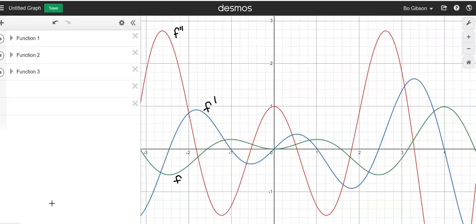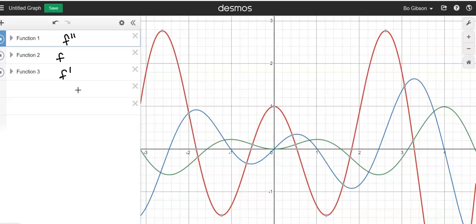Okay, and so let's see here. Green was function 2, red was function 1, and so now we can go ahead and label them. So function 2 was f, this was f double prime, and this was f prime.